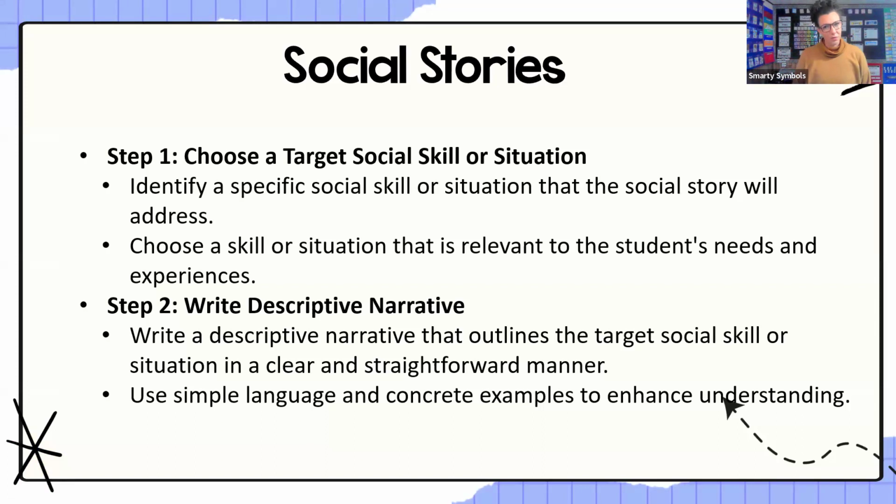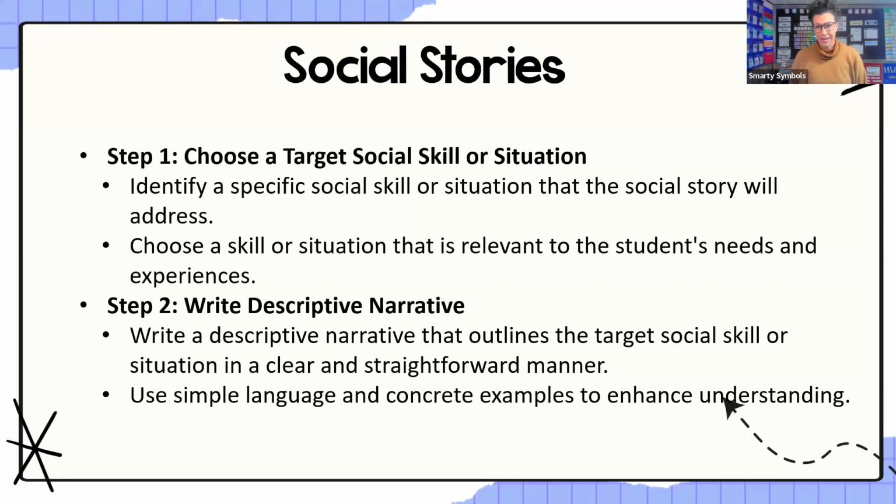That's why a lot of times you see social stories based on behaviors, and typically their behaviors, maybe the student is struggling to exhibit appropriate behavior. So we're trying to teach them through the social story what is expected of them. When you write a social story, you actually are going to do a descriptive narrative. What that means is you're going to outline what exactly you want them to do.